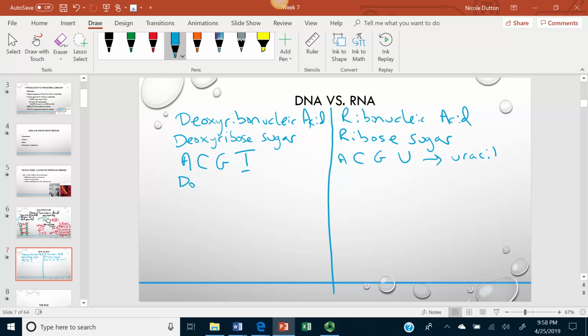DNA is typically double-stranded, while RNA is typically single-stranded. Double-stranded DNA is the typical formation or conformation of DNA.